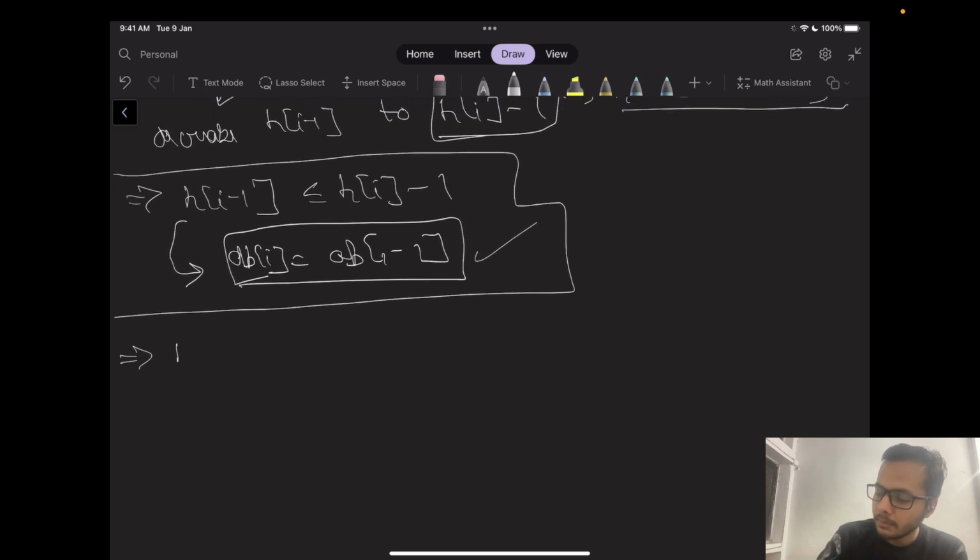Again, there are just the same two cases. So if h of i minus 2 is now greater than h of i minus 1 minus 1, then we'll have to convert h of i minus 2 to h of i minus 1 minus 1.